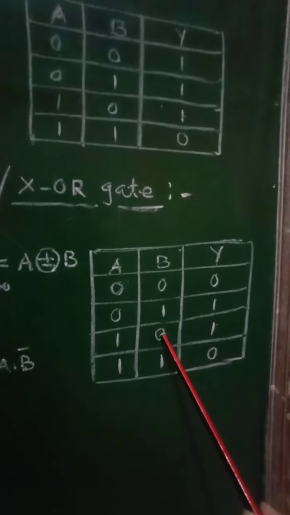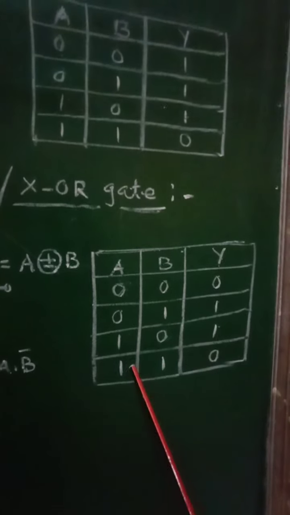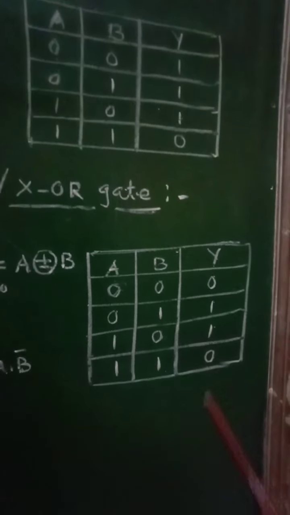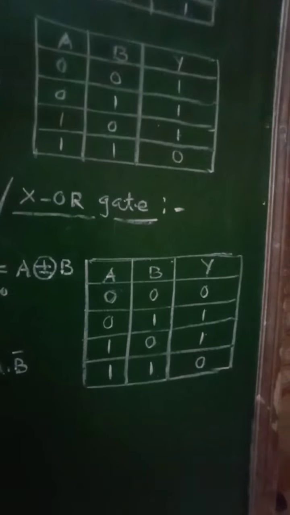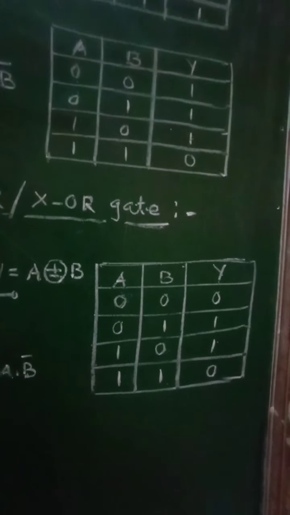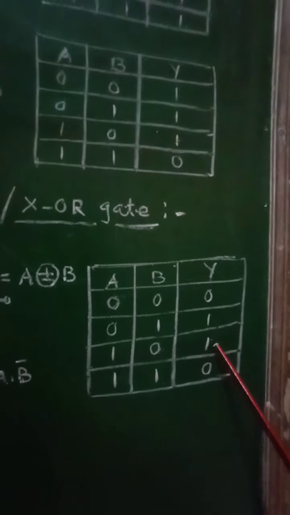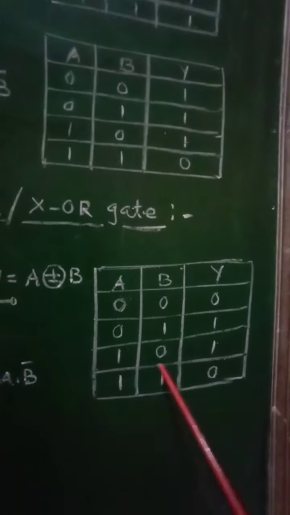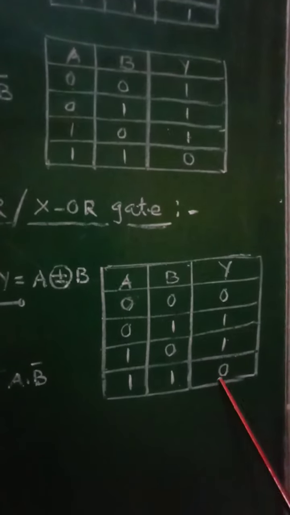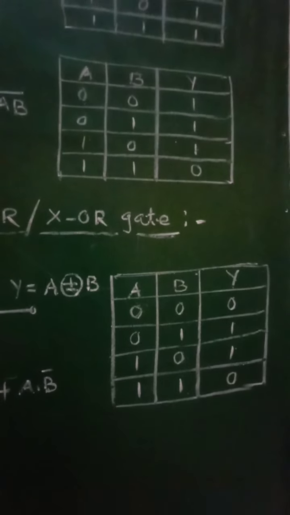If it is 10, then again we will get output 1, and at last, if it is 11, we will get output as 0. So if only one of the inputs is 1, we will get output as 1, and for 00 and 11 inputs we will get output as 0. So this will be the truth table for the exclusive OR gate.